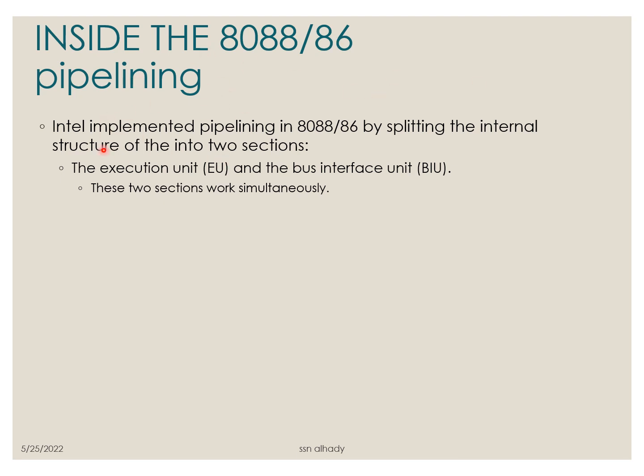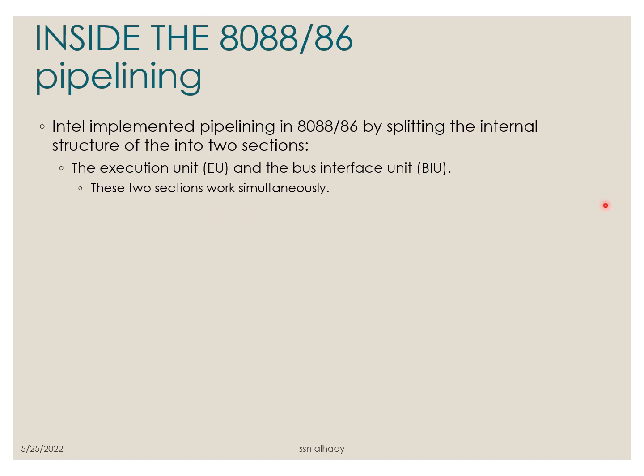Inside the 8086, Intel implemented the pipeline by splitting the internal structure into two sections, as in the figure given previously. I mentioned the execution unit, EU, and the bus interface unit, BIU, where these two sections, EU and BIU, are actually working simultaneously at the same time.